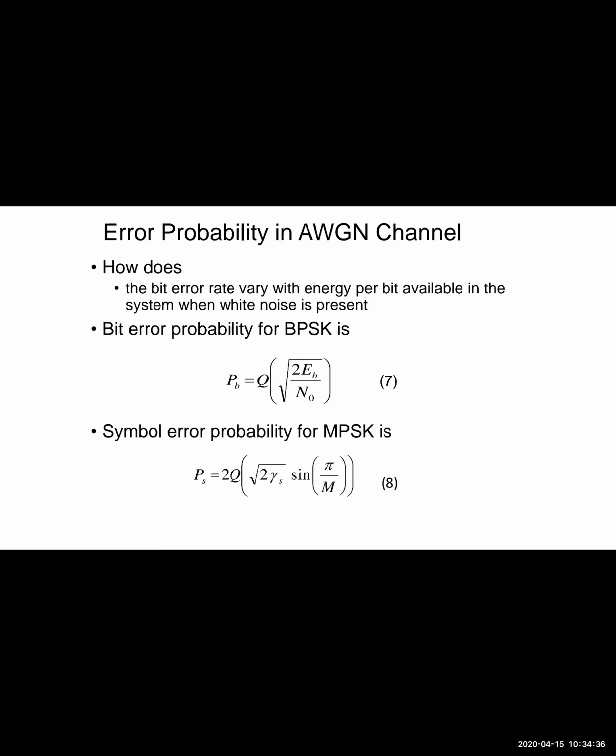Can you see that? Yes, sir. So the question is, if EB over N naught is increasing, how does it affect PB? That is what we will see shortly in a graph. If you are increasing the signal power, that is EB over N naught, what will be the effect on the probability of bit error?